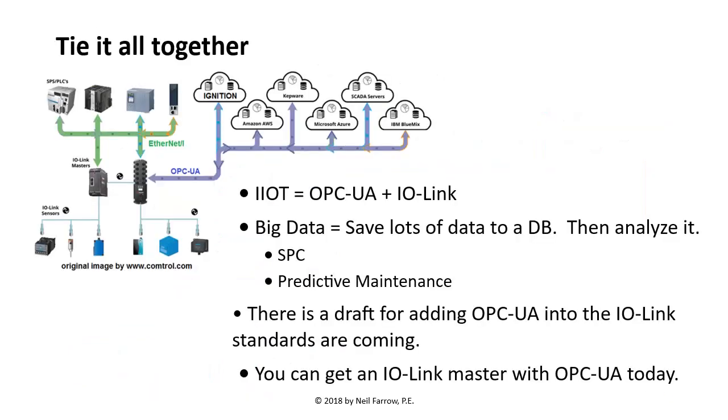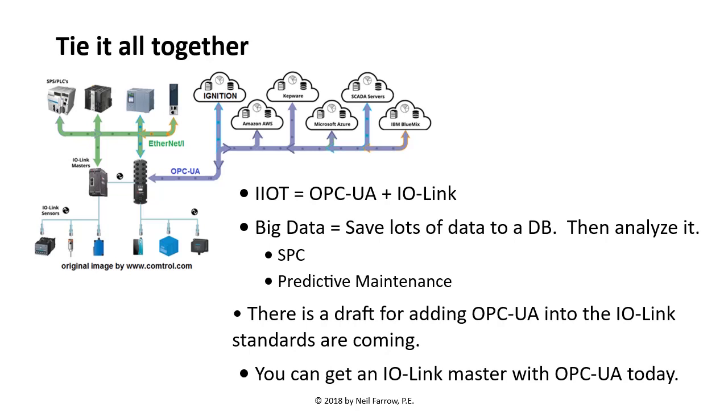We have these terms that just drive me crazy, like the industrial Internet of Things. To me, if you have OPC-UA and IO-Link, you've got the industrial Internet of Things. And big data, what's that mean? Well, you save lots of data to a database, and then you analyze it using things like SPC to do predictive maintenance.